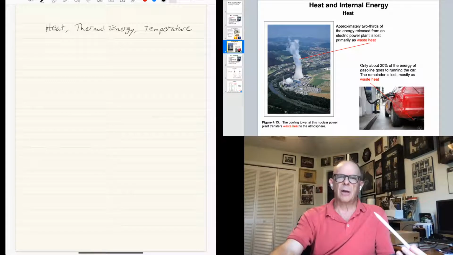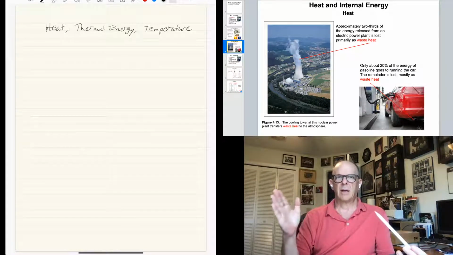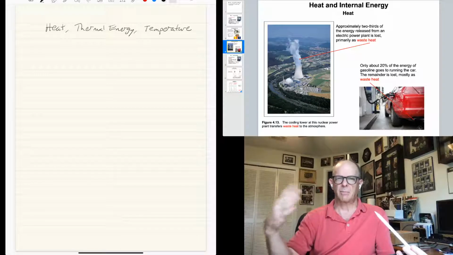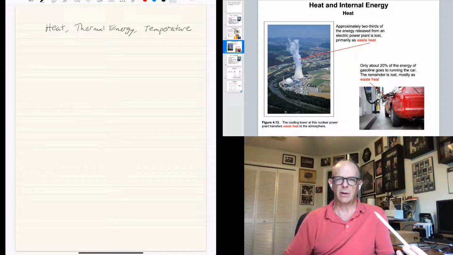But also, anytime we generate electricity from fossil fuels, we are using the kinetic energy of something like steam that we've produced by boiling water. We're using that thermal energy, and as we will see, we cannot get 100% of that into useful energy like electricity. And so a lot of it ends up being lost to the environment.